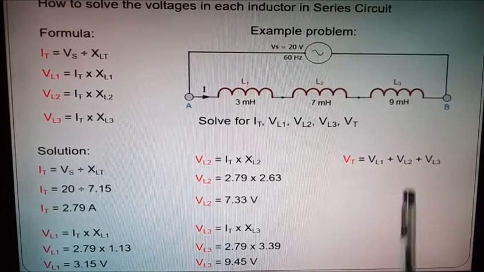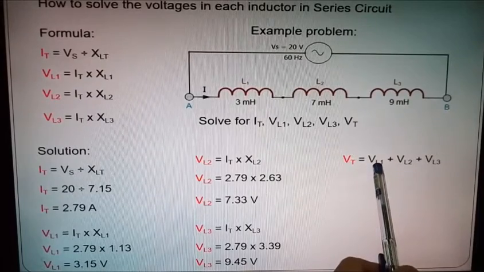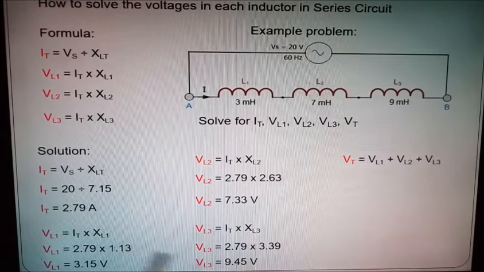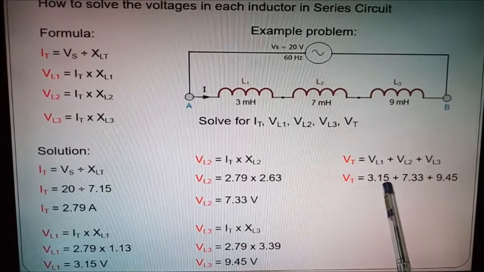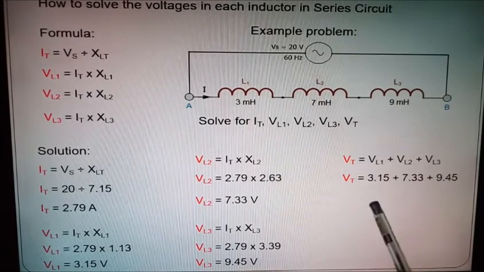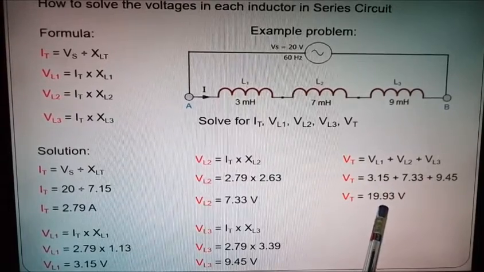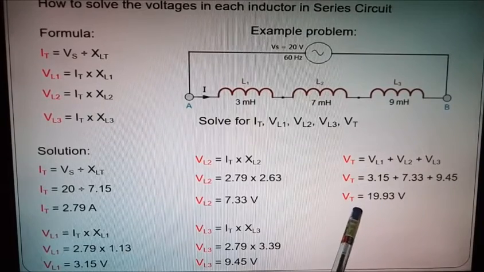We just add all the values of voltage, VL1 plus VL2 plus VL3. Substitute the value of all the voltages. So 3.15 plus 7.33 plus 9.45 is equal to 19.93 volts. This is the total voltage.